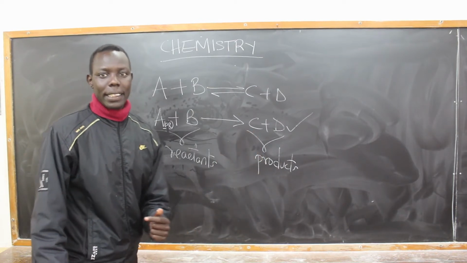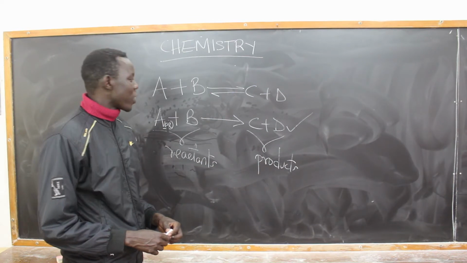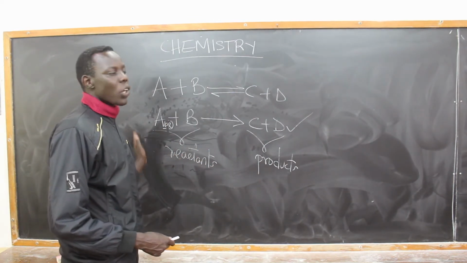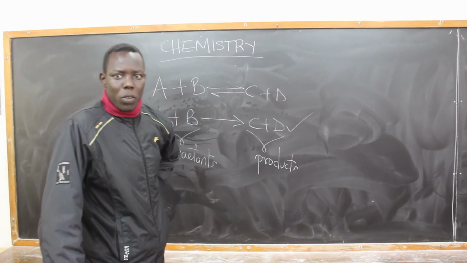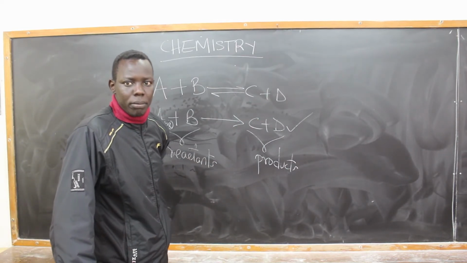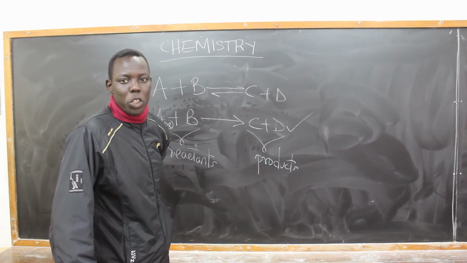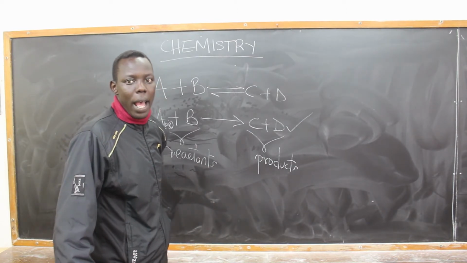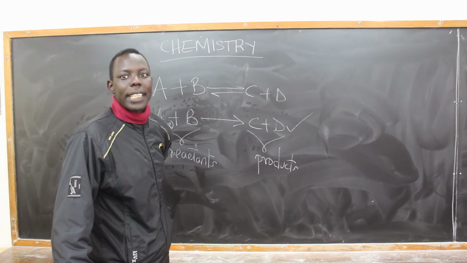Then, after that, there is what we call balancing of the equation. You balance the number of atoms on the reactant side together with the number of atoms on the product side. Writing a chemical equation up to the end without balancing is like the way I'm shooting this video up to the end, then I don't record, I don't save.